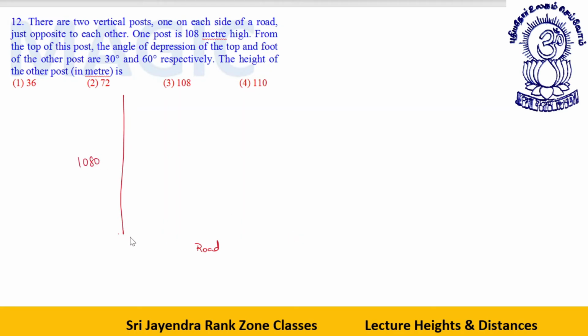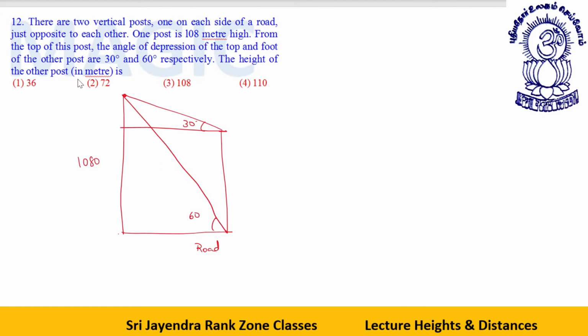Okay, I take this road as like this. Now the thing is, this is road. This is another post. From this higher post, this angle is found to be 30 degree, and this angle is found to be 60 degree.